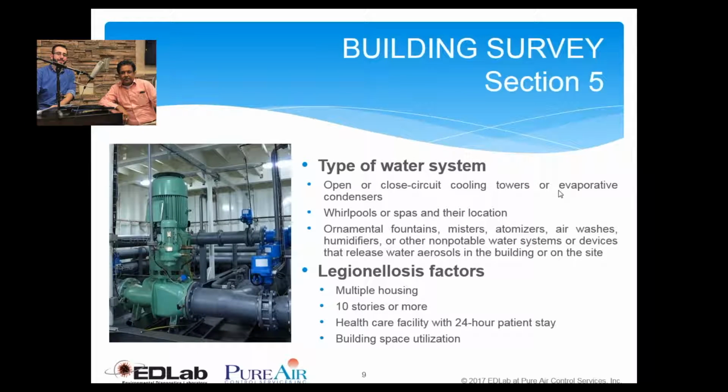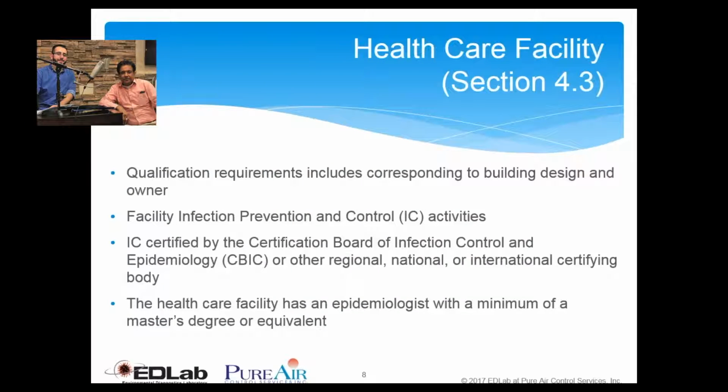Can you go one slide back, please, because I have a couple more points to emphasize. In the healthcare facility, there is an additional requirement that there must be an infection prevention and control activity in the hospital. This activity must be certified by a national or internationally recognized body.